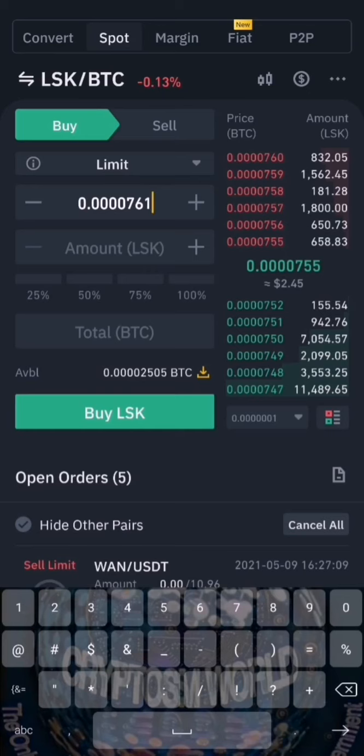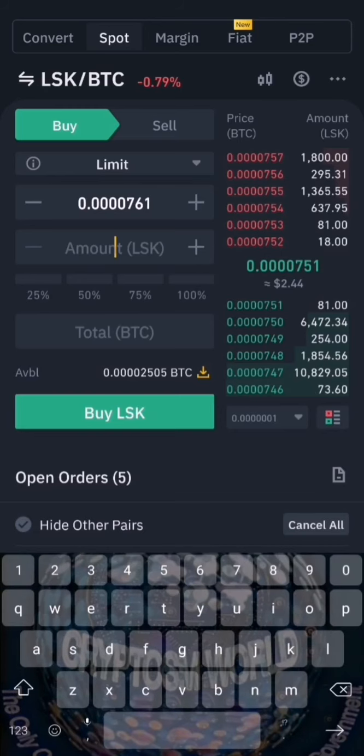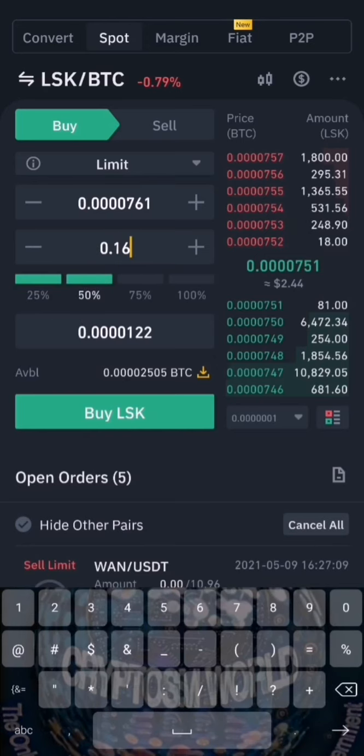Now this amount here is how much LSK you want to buy. I basically advise using the percentage.